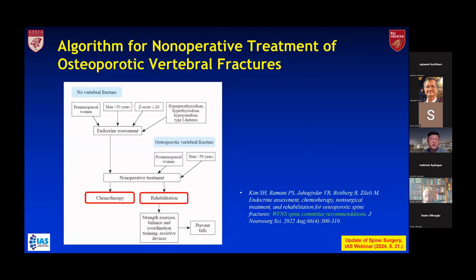This algorithm was published by my paper and Dr. Zileli. We published in 2022 regarding the WFNS Spine Committee recommendations.